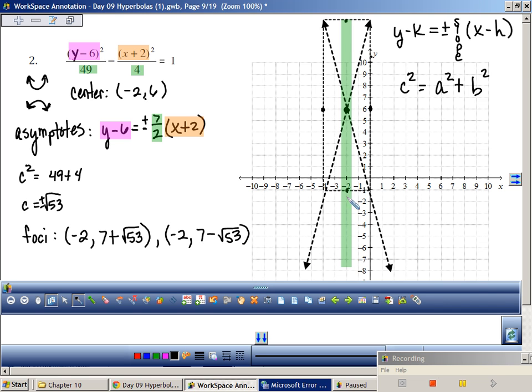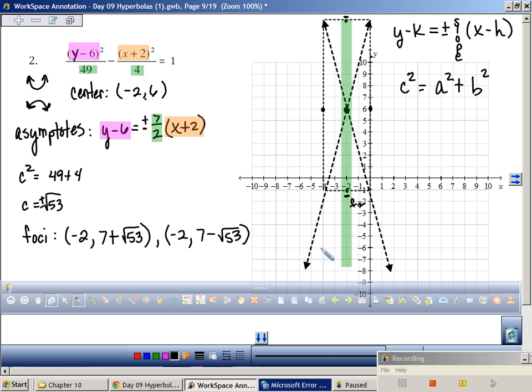So that's somewhere like right here. I like to put a little line and an S. So we have to go over 2, up 7, and then up root 53. What? Did I screw the whole thing up? Oh, it should be 6. Sorry, I'm thinking 7 because 7's my rise.